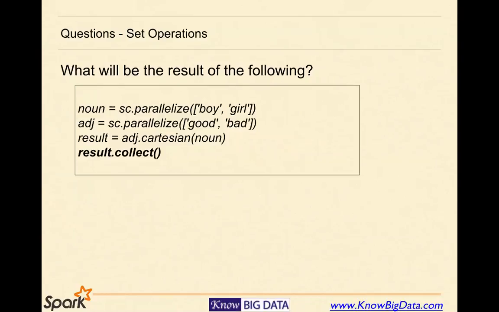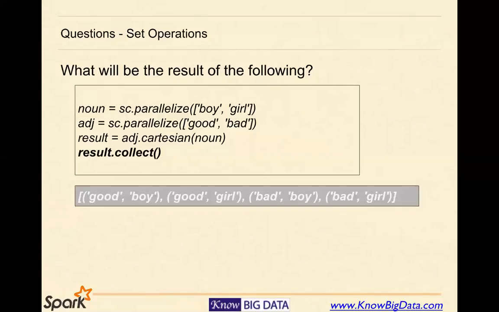Because we are saying adjective, then Cartesian, then noun, it'll be good boy, good girl, and you can see good boy, good girl, bad boy. All right. So this is the way you can generate all permutations of one RDD against another.